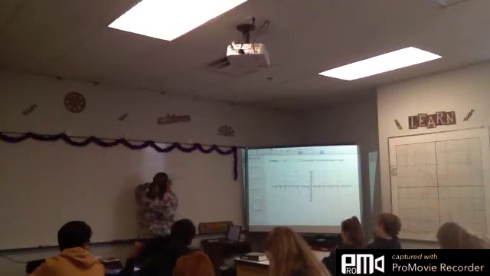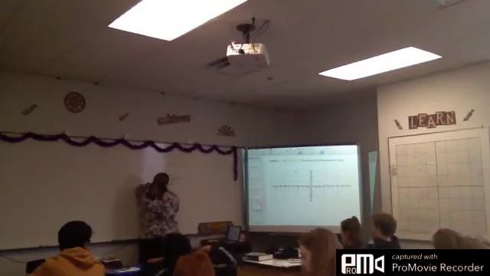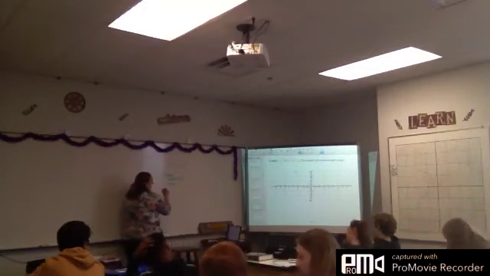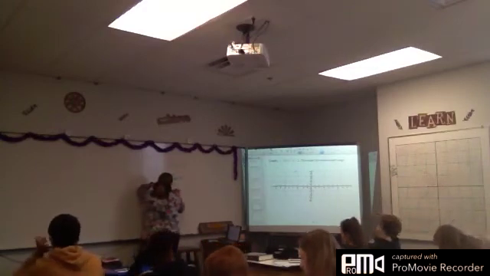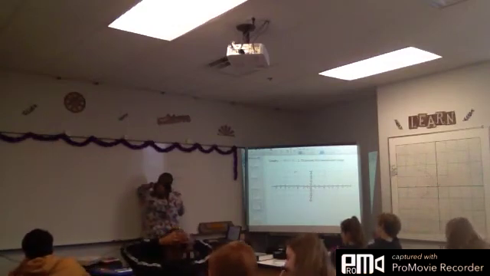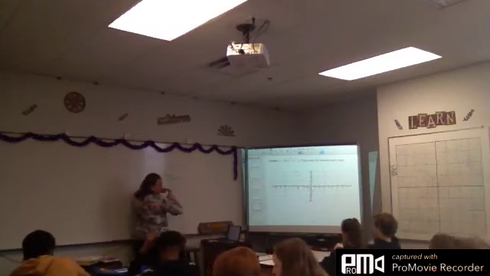It shifts. Does it shift right or left 3? Right 3. And what about up or down 2? Up 2. Outside always stays the same, x is what's always opposite.